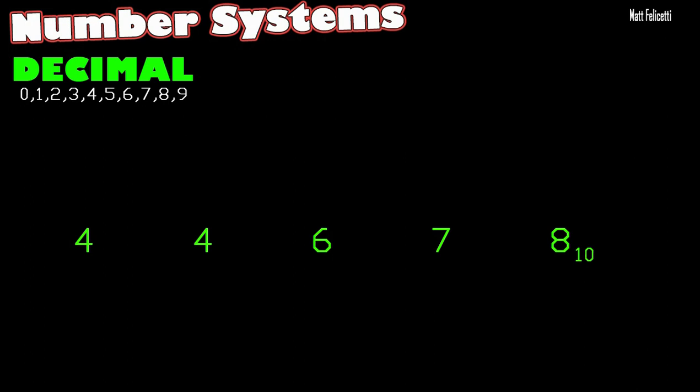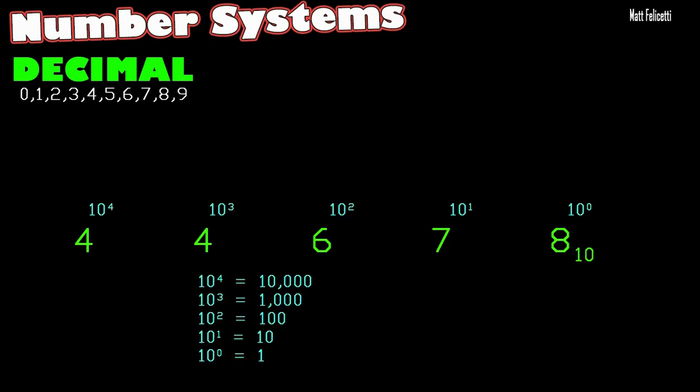Firstly, each position is assigned a weight, where the weights are positive powers of 10 that increase from right to left. The value of a digit in a position is the multiplication of the digit's value by its weight. We can then calculate the value of a number by the addition of all the digits by their weights.